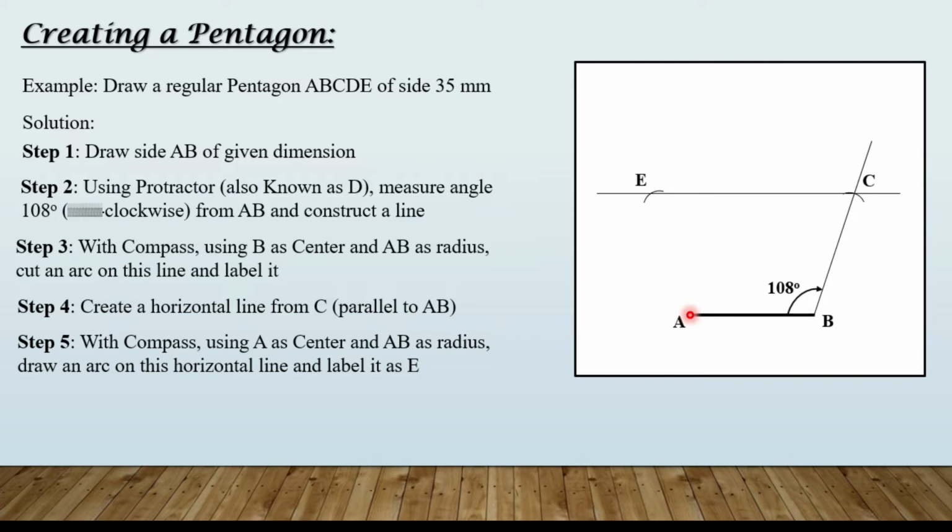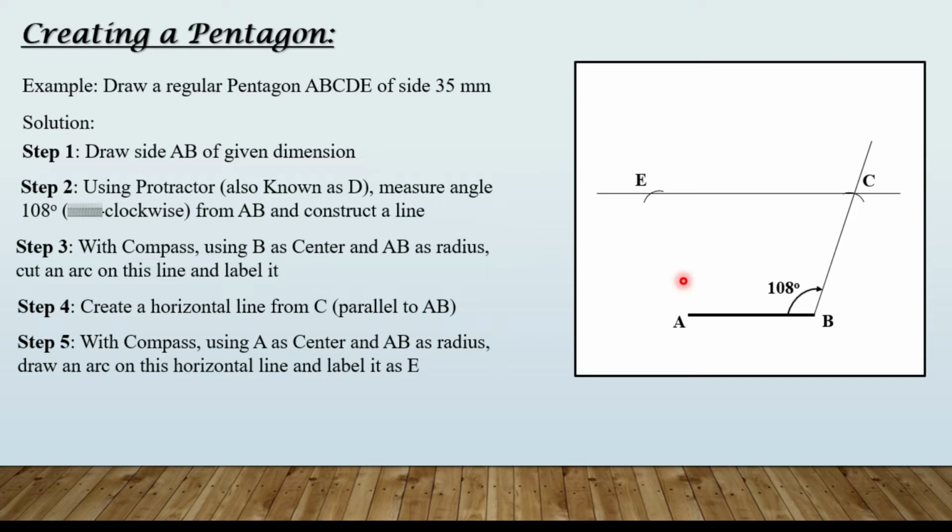Now many of the students prefer taking angle 108 at this location point A. That is also correct, it is not wrong, but it is better to take this angle as I did, because we are habitual to take angles anti-clockwise, and while taking angle at this position clockwise, if you make a mistake and that angle is not 108, then whatever further construction you do, you will not get a regular pentagon.